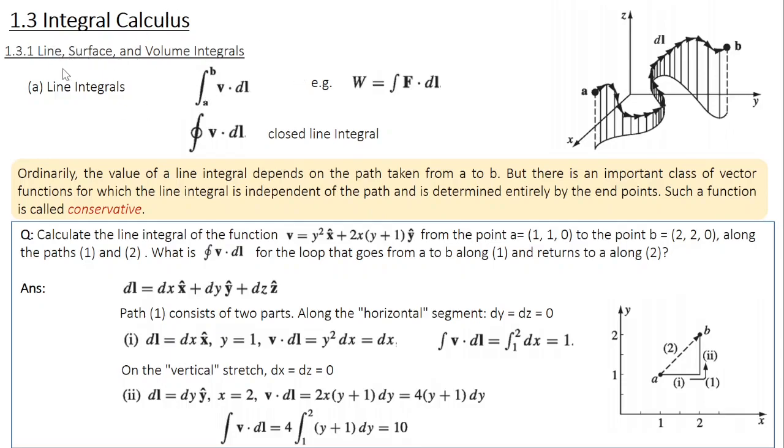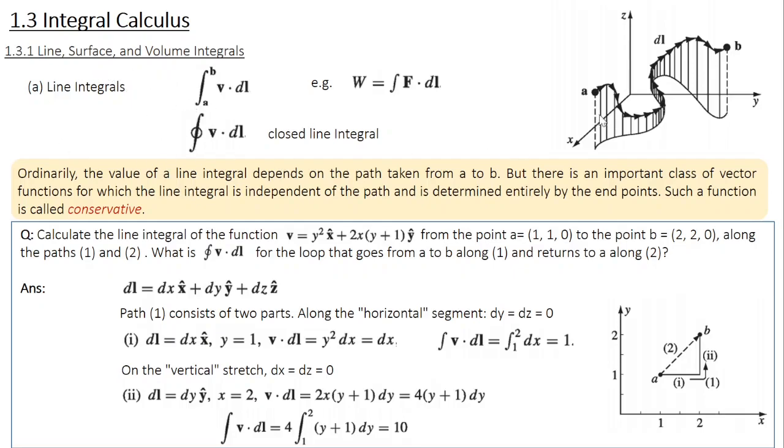So we have mainly three types of integrals: a line integral corresponding to a one-dimensional function, the surface integral corresponding to a two-dimensional function, and the most general one, the volume integral corresponding to a three-dimensional function. So let's first talk about line integrals.